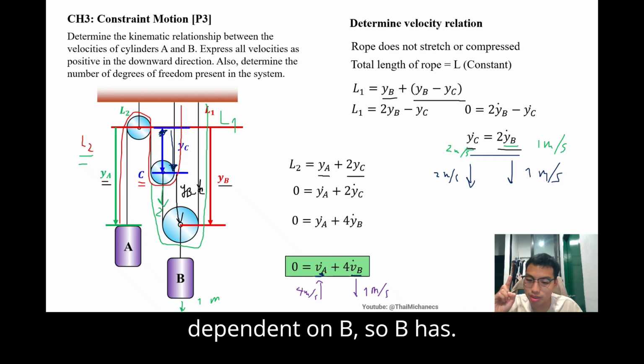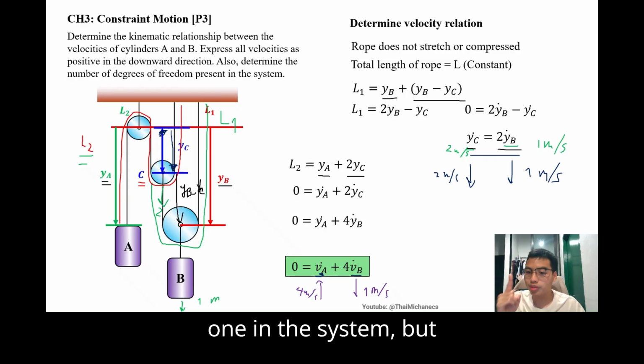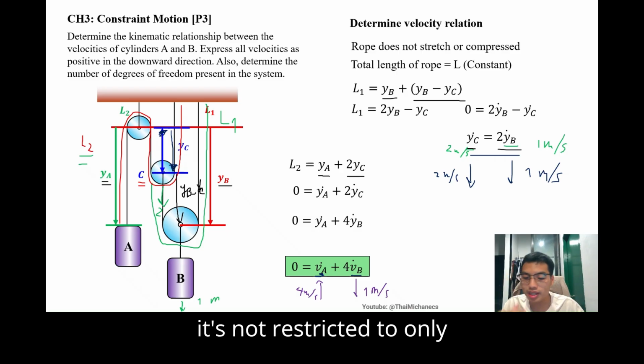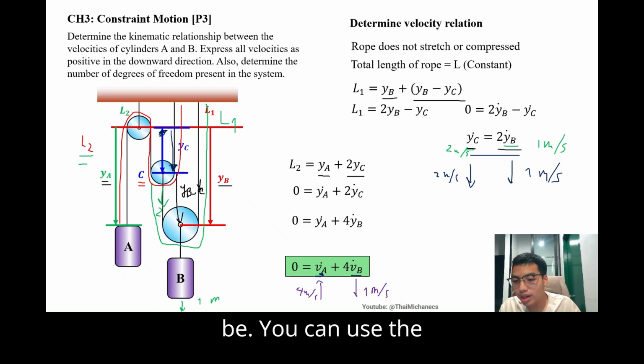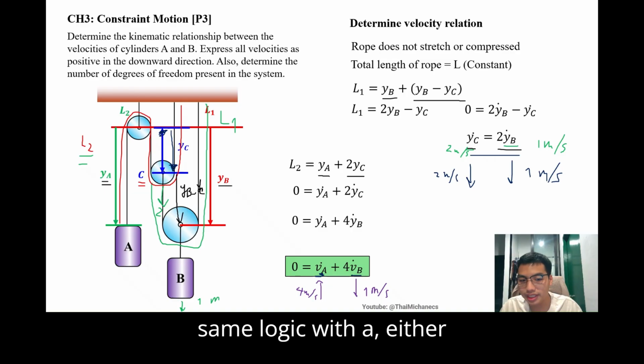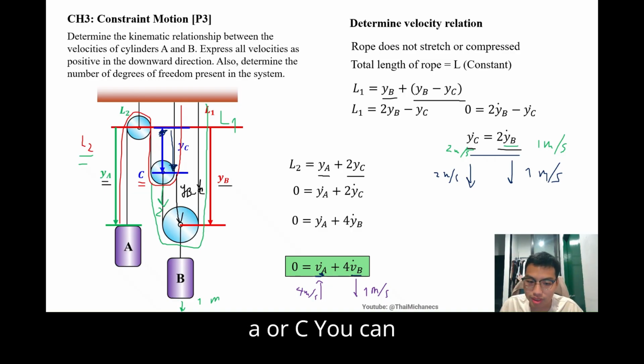So B has the independent allowable movement, only one in the system. But it's not restricted to only B. You can use the same logic with A, or C. You can, for example, push A up by, let's say, 1.